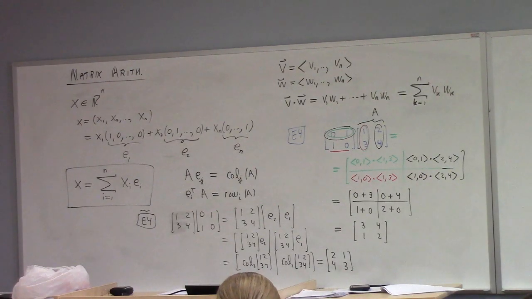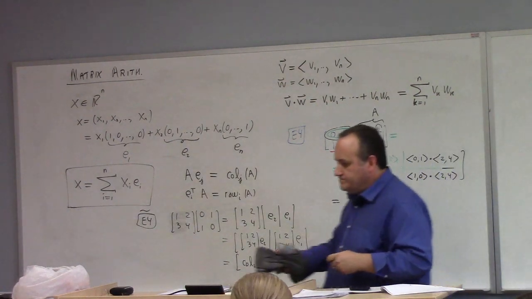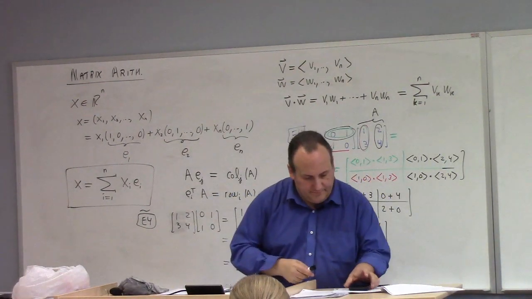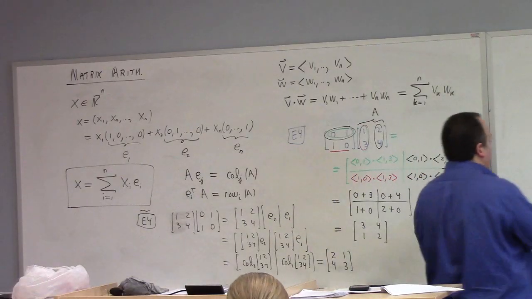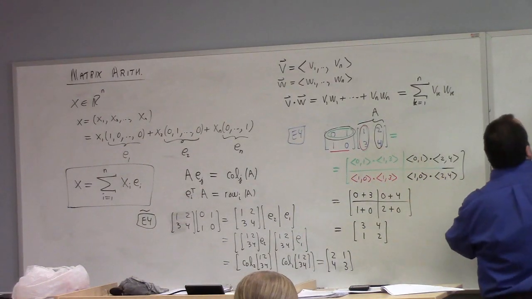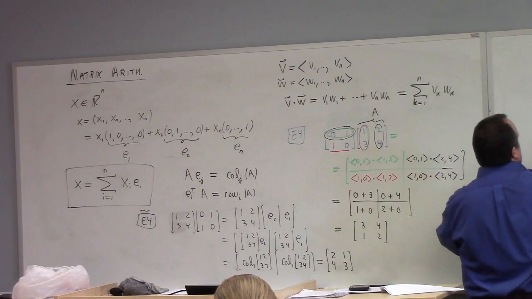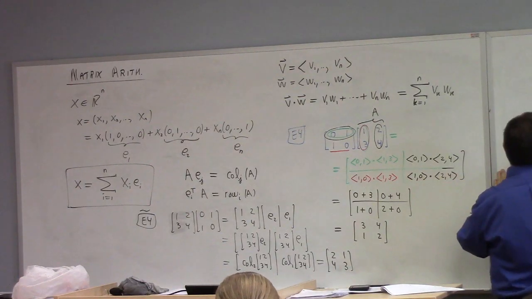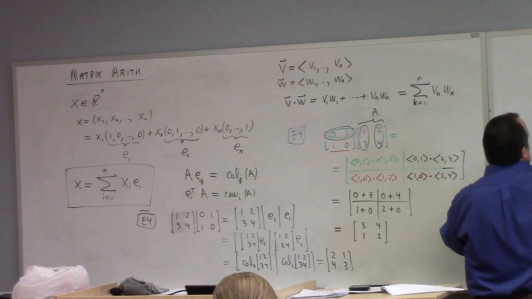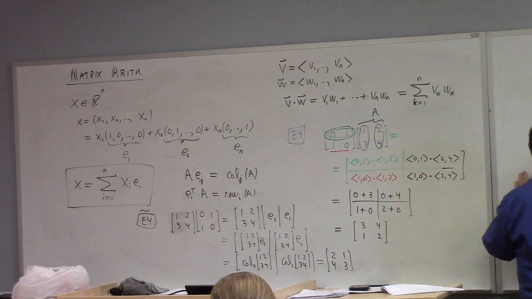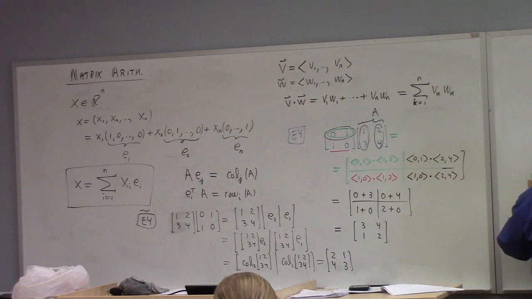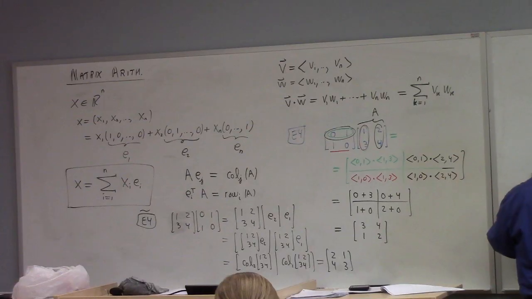Well, if A is a stack of rows, A1, A2, you've got M of them, right? A stack of rows times B is actually equal to A1 times B, A2 times B, AM times B.